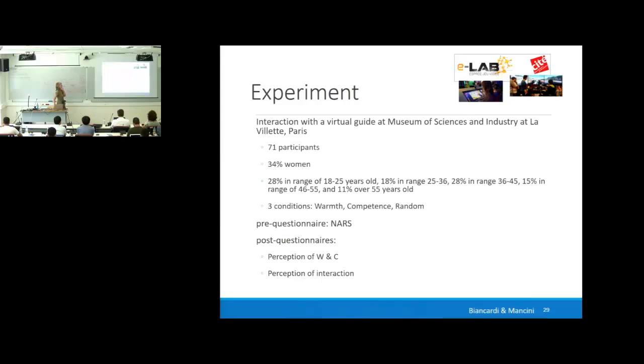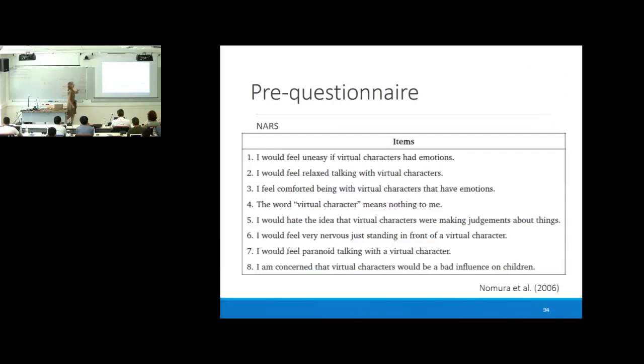In the pre-questionnaires, NARS is used a lot in robotics, because a lot of studies show that you may have either a positive or negative a priori about robots. We adapted the NARS questionnaire for the virtual agent.